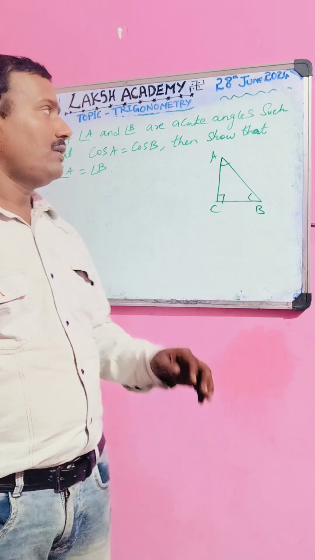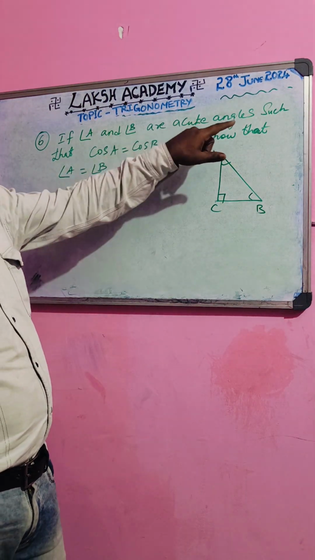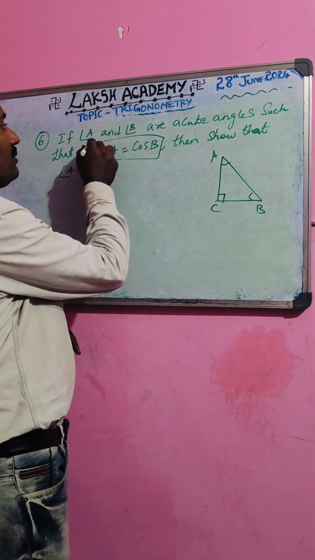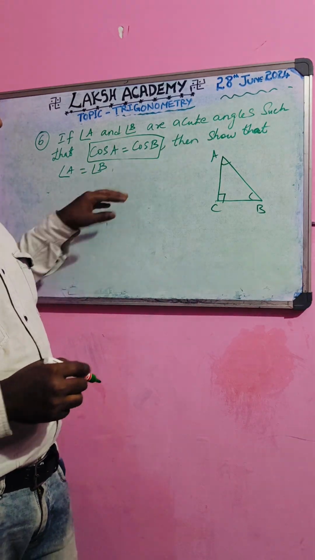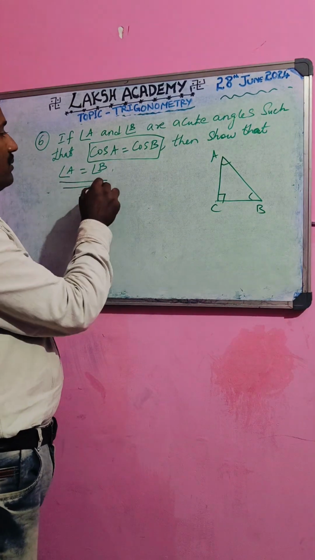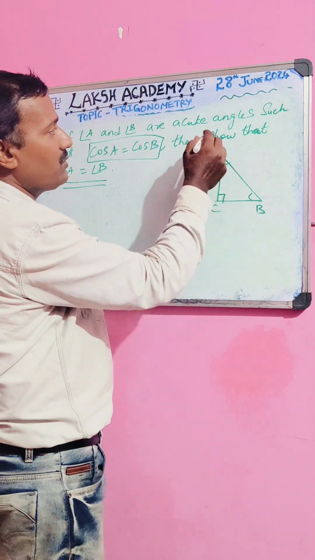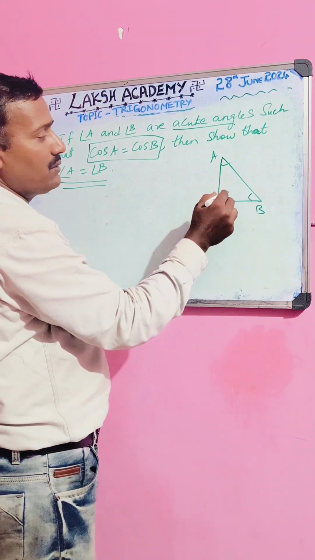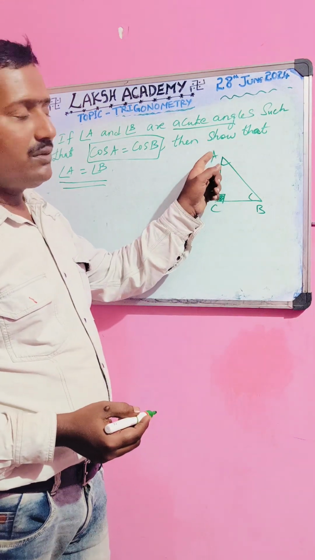Now we see: if angle A and angle B are acute angles such that cos A equals cos B, then show that angle A equals angle B. Because they told us A and B are acute angles, angle C is the right angle, so I took triangle ABC like this.